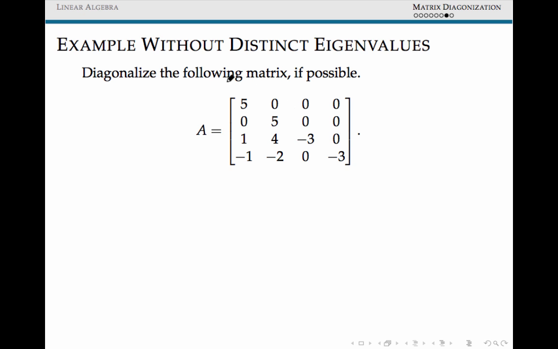One of the nice properties of a matrix that's upper or lower triangular is that we can identify immediately what the determinant is, the product of all the entries on the diagonal, and the characteristic polynomial, which is going to have roots given by each of our entries here.